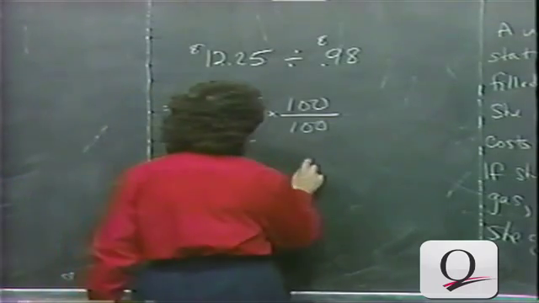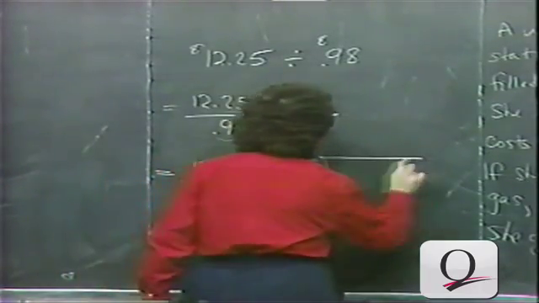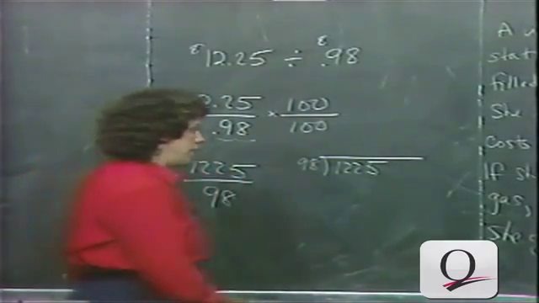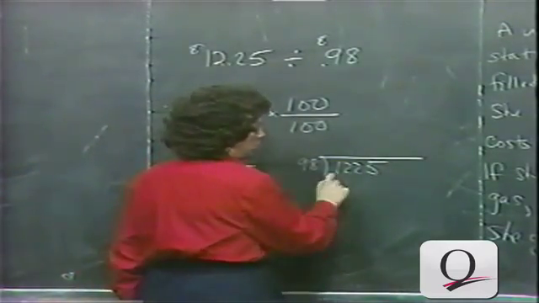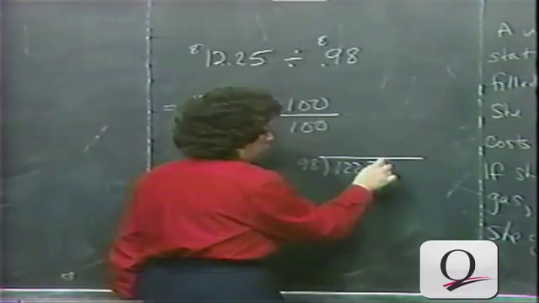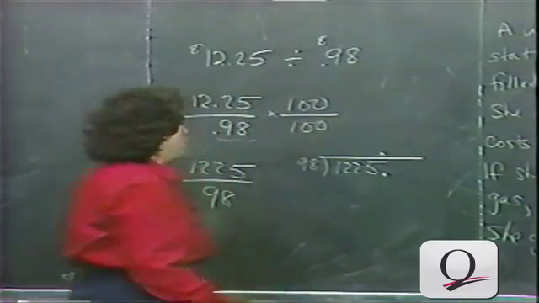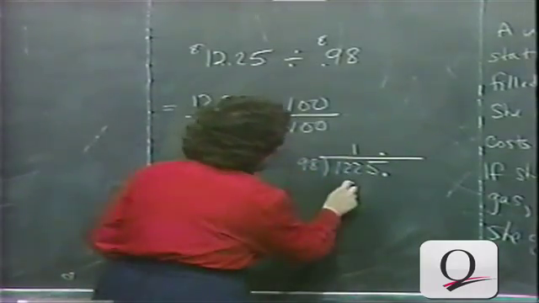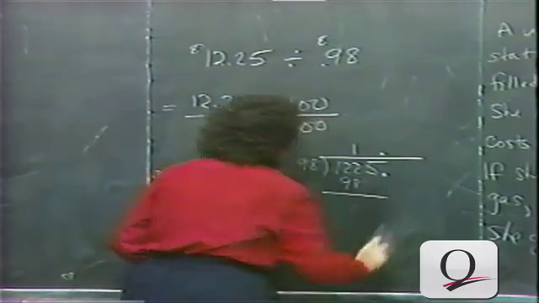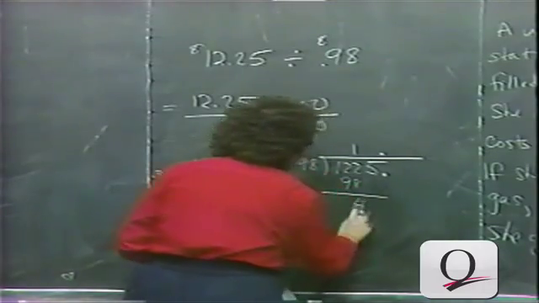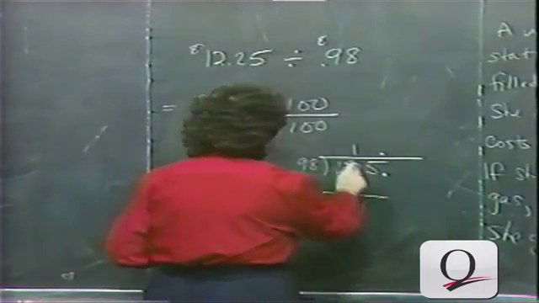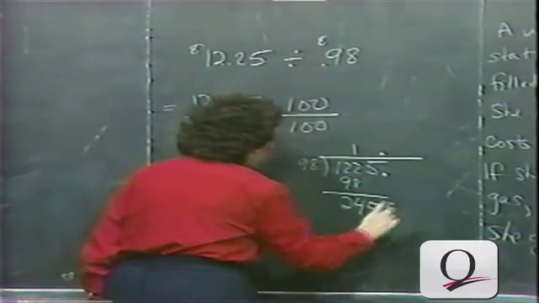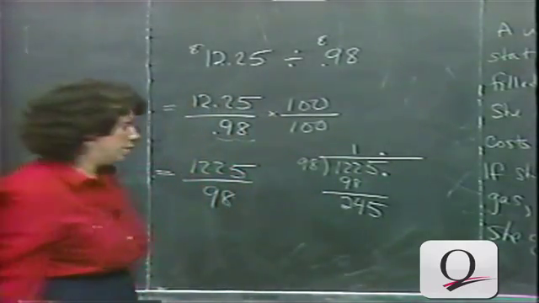Okay, that's 98 into 1,225. The decimal point in the answer will be directly over the decimal point in the dividend, and here it follows the integer. Okay, how many times does 98 go into 122? That's once. We get 98, and we subtract. 12 take away 8 is 4. 11 take away 9, that's 2. Bring down the 5. How many times does 98 go into 245?